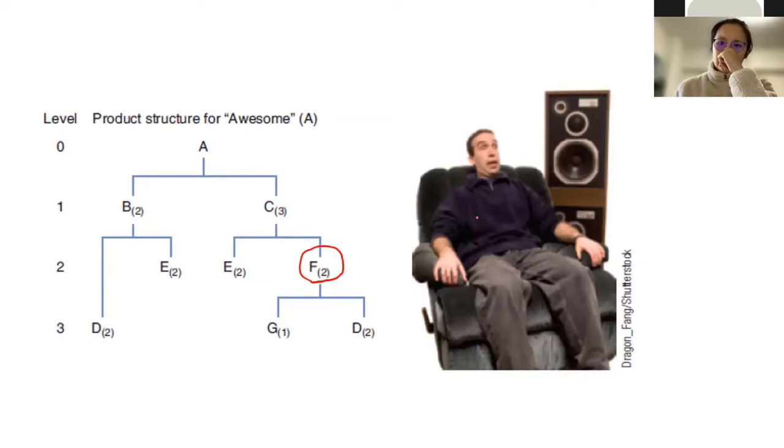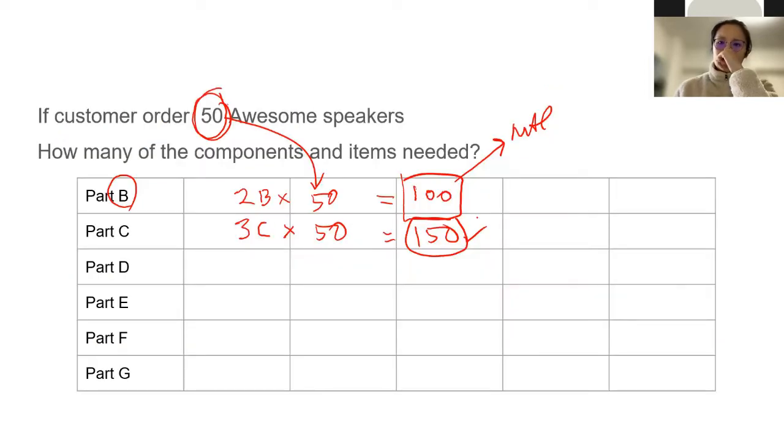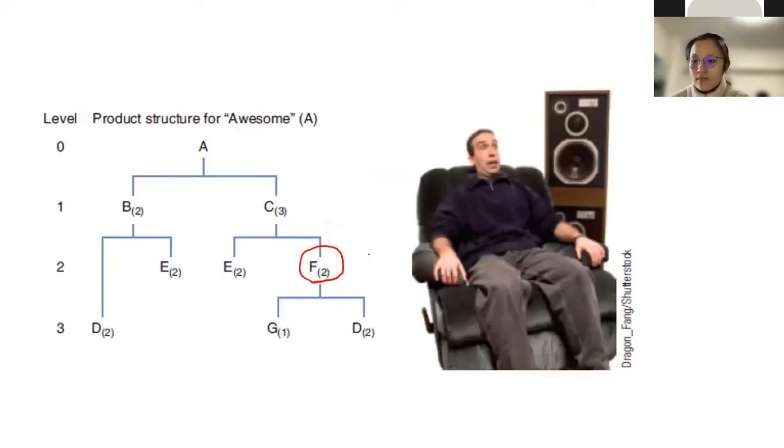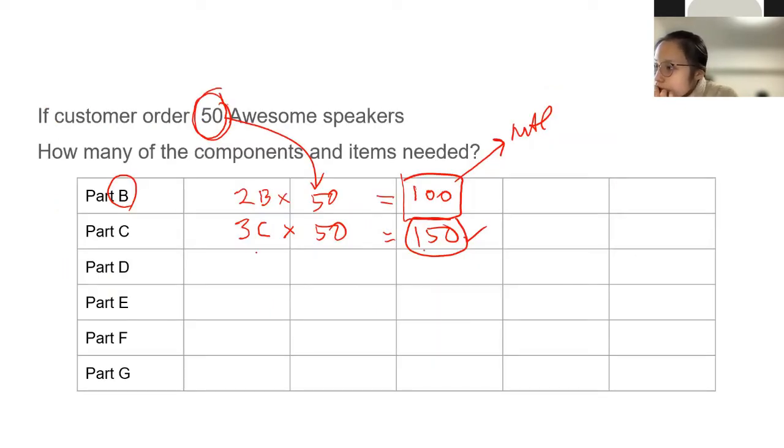Because you need 3C to make an A, but to make C you need 2F. Is it F or E? I'm talking about F. 2F for 1C. So you're making 150C actually. So it's 2 times 150, which is 300.